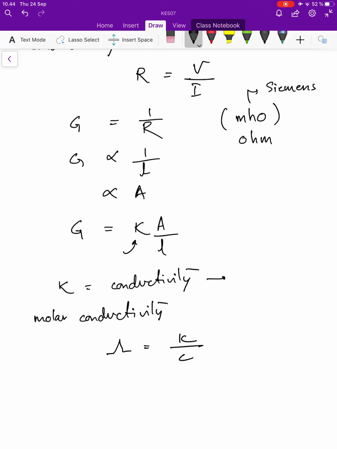The units of kappa are Siemens per centimeter or Siemens per meter. Typically these units are used. This is because area is in meter squared, length is in meter, and conductivity is in Siemens.